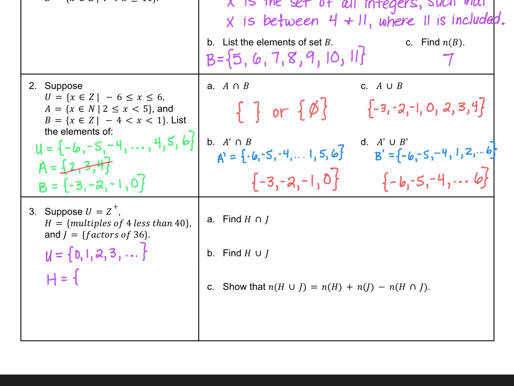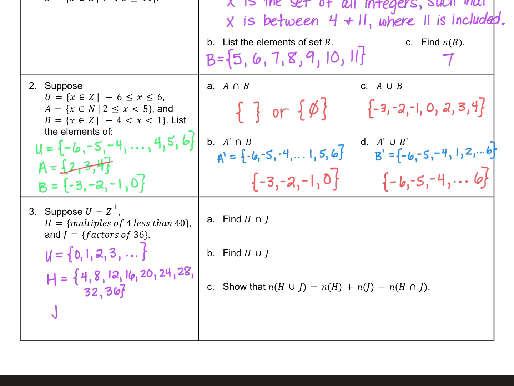So I know the first multiple of 4 is 4. The next one is 8. The next ones are 12, 16, 20, 24, and 28. Those are my multiples of 4 that are less than 40. And actually we can add 32, and I'm going to add 36.